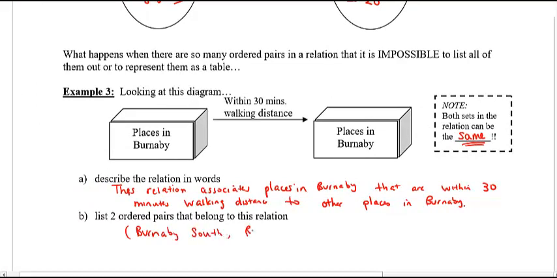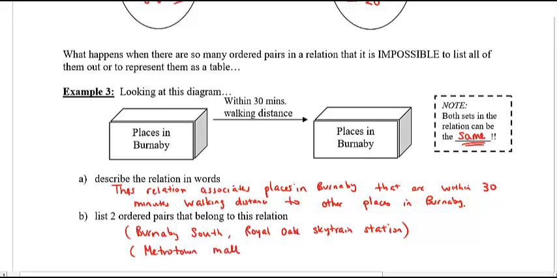Maybe at the Royal Oak SkyTrain station. Why does this work? Because both are places in Burnaby, and I can get to one from the other within 30 minutes. What's another one? Oh, maybe, yeah, Metrotown. Sure, Metrotown Mall.